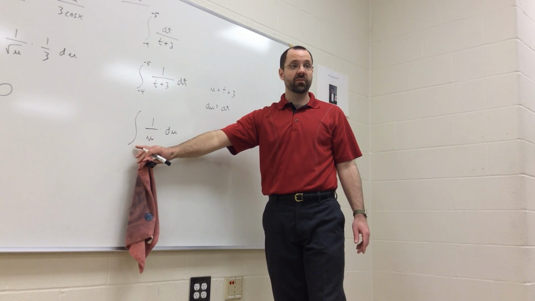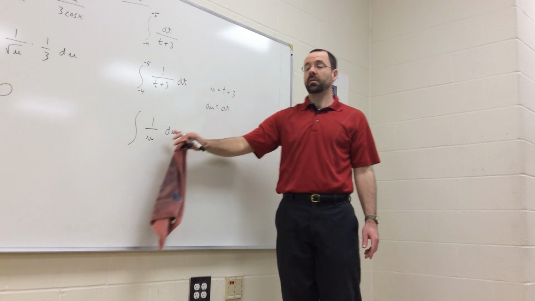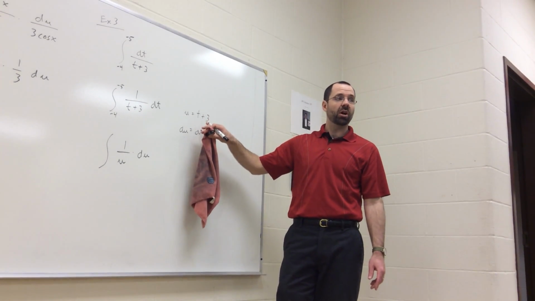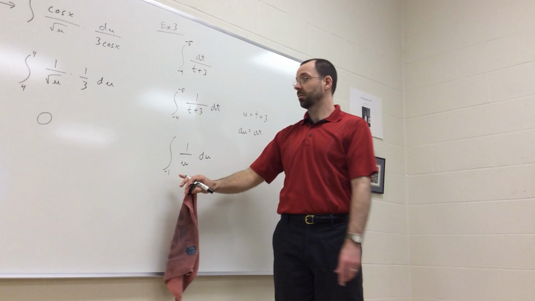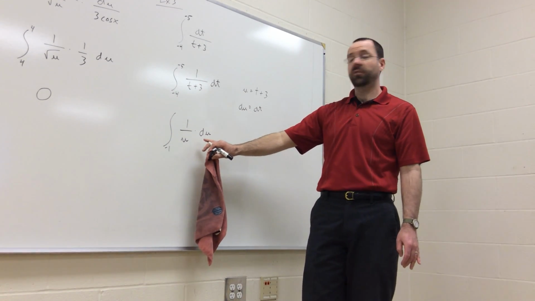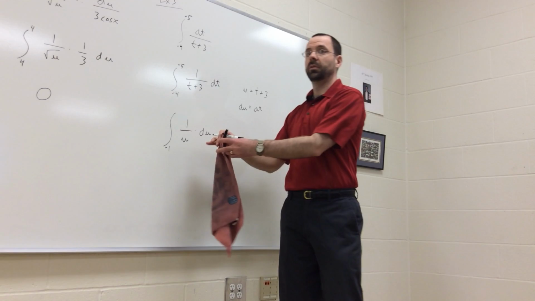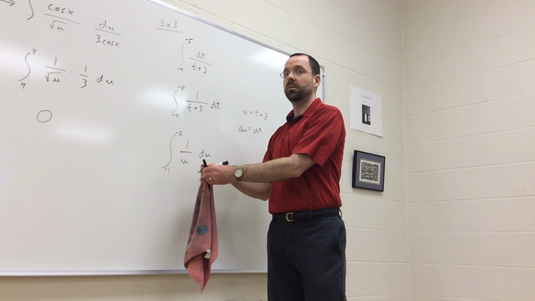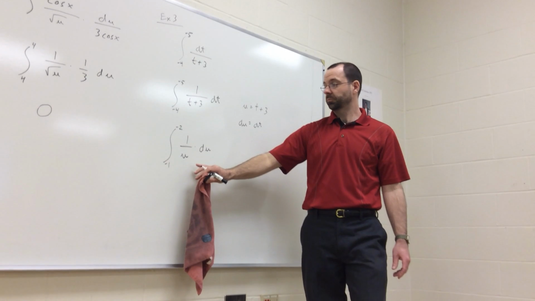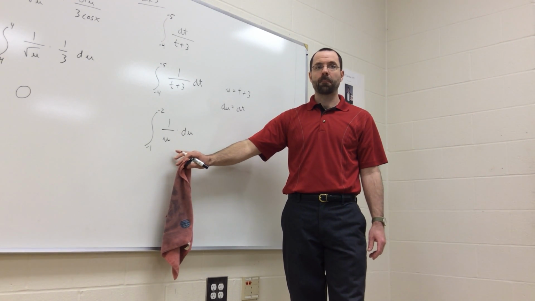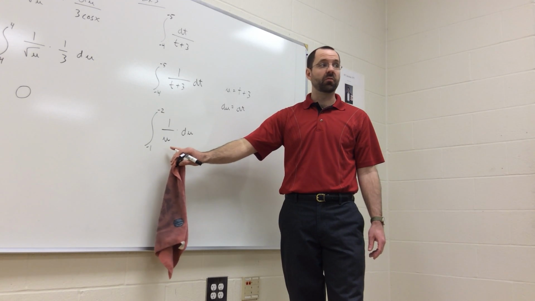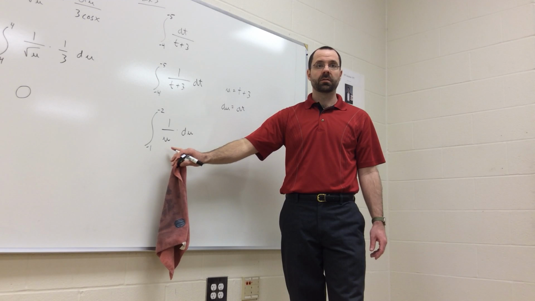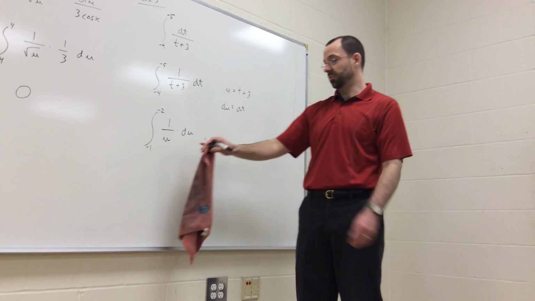Okay, then I got to translate negative 4, right? Negative 4 plus 3 is negative 1. Negative 5 plus 3 is negative 2. Okay, then what's the antiderivative of 1 over u? Natural log of the absolute value of u. Good.